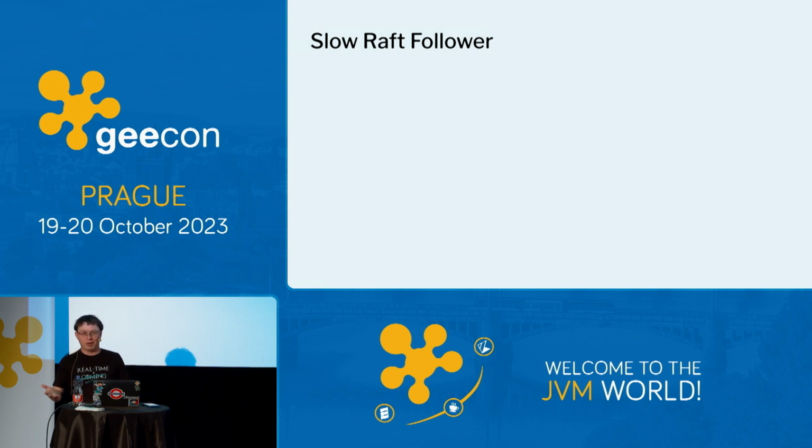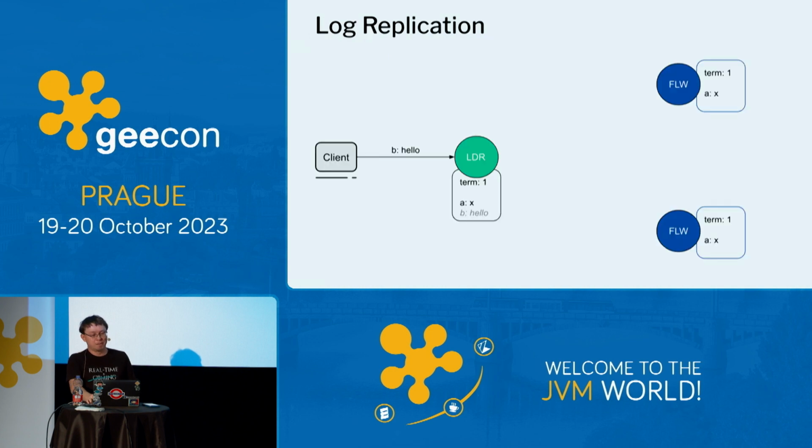Another big problem and pain for us is the slow Raft follower. What is it about? We have talked about leader election, and let's talk about log and operation replication. During operation replication, the client sends some operation or some data that should be replicated to the followers.